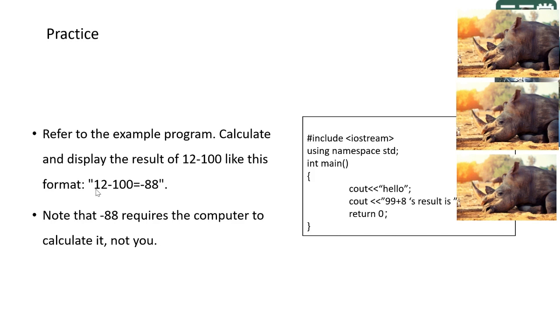And in that black window, you should see 12 minus 100 equal to negative 88. You should see this, okay? No double quotes, okay? On the screen, you only see this as a line, okay?